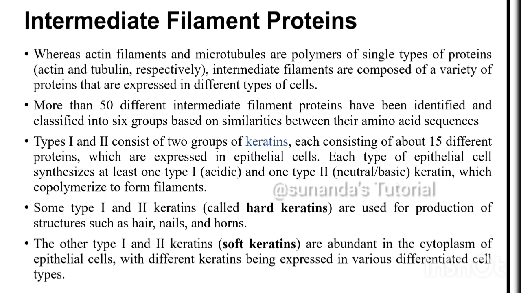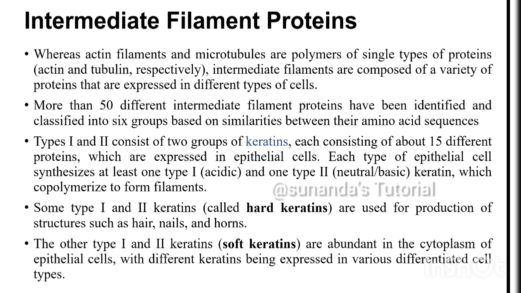Next, the proteins which are involved in intermediate filaments. Actin filaments and microtubules are polymers of a single type of protein. Microfilaments consist of actin protein and microtubules consist of tubulin proteins. But intermediate filaments consist of a variety of proteins that are expressed in different types of cells.